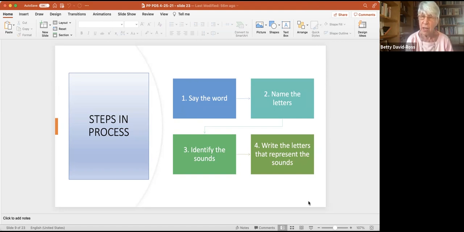Identify the second sound, and then write that letter. There are two other slides with demonstrations that are following. There's one immediately after this. Then there'll be a number of slides discussing syllable division and certain other rules for doing this, and then a slide showing the process with middle school material.